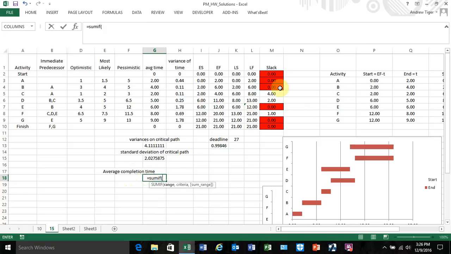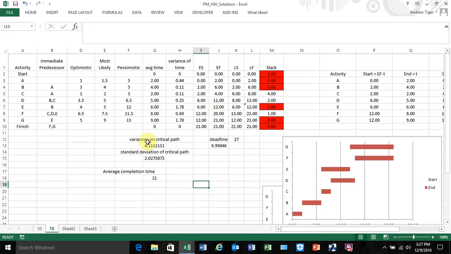We're going to sum, and we're going to look for zeros in the slack, and then what we're going to sum are the average times. There's your 21. All it did was sum the numbers on the critical path. If I highlight those, the sum is 21.